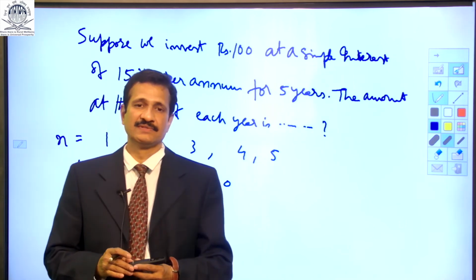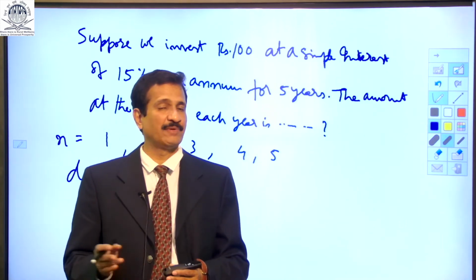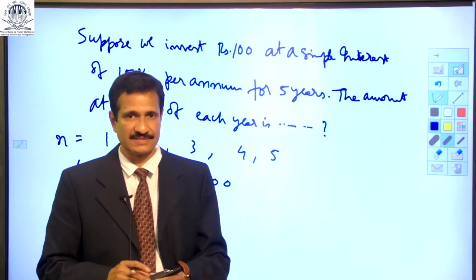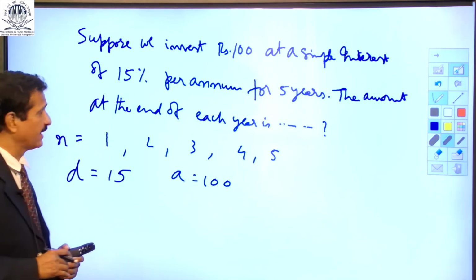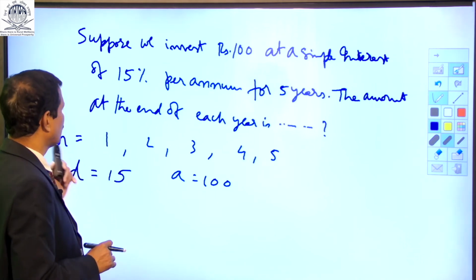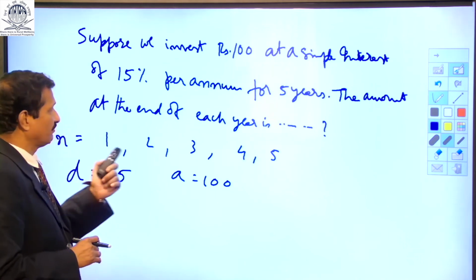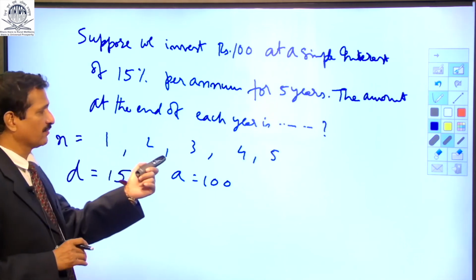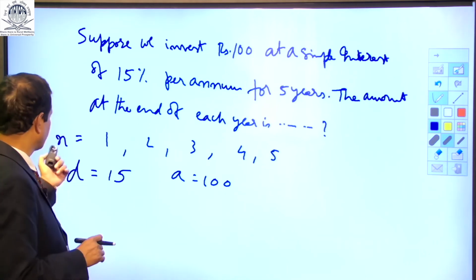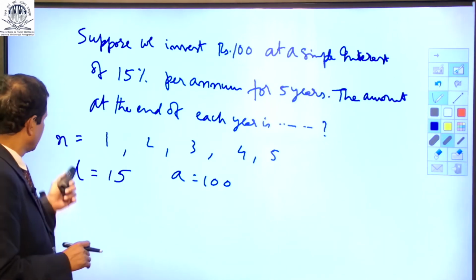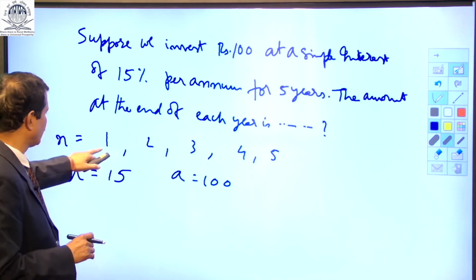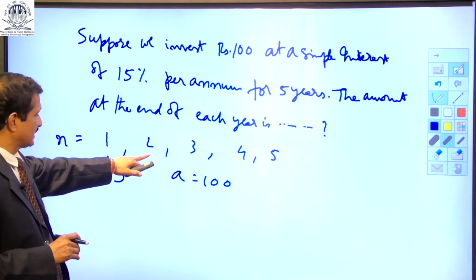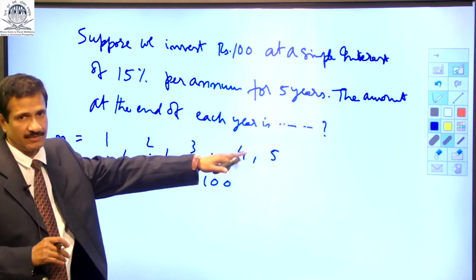Now let us move to see an application in arithmetic progressions. The problem is, suppose we invest ₹100 at a simple interest of 15% per annum for 5 years. The amount at the end of each year is how much for each of these years? That is, if n is 1, 2, 3, 4 and 5, at the end of the first year, second year, third year, fourth year, fifth year.